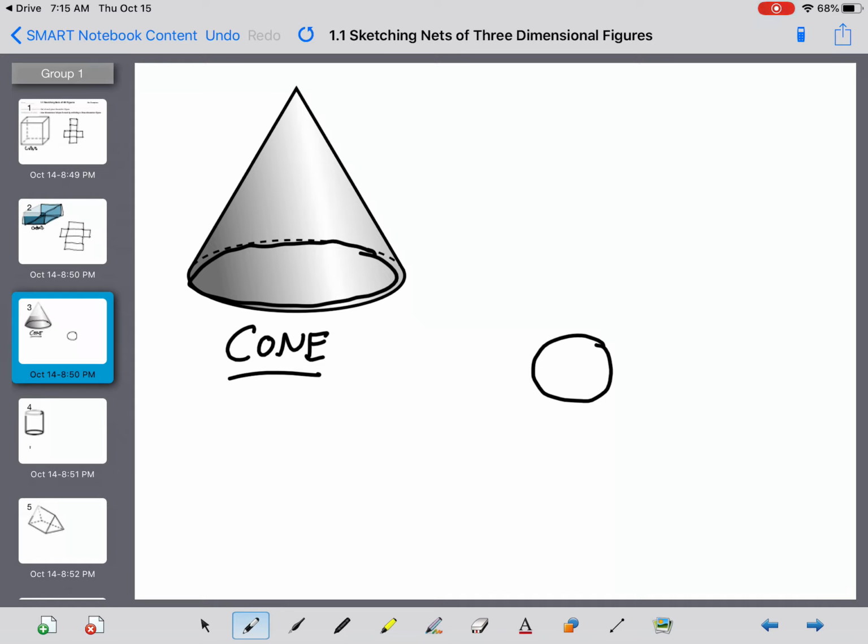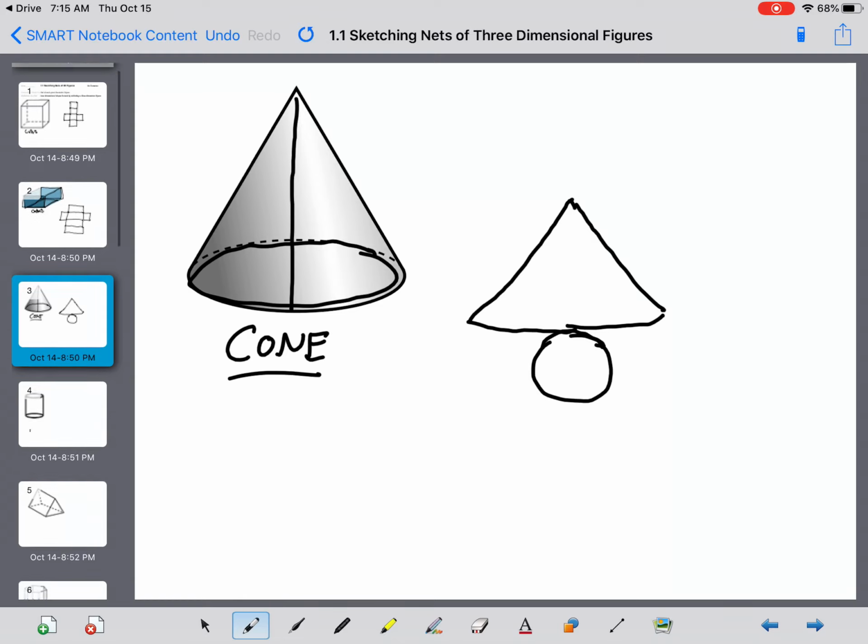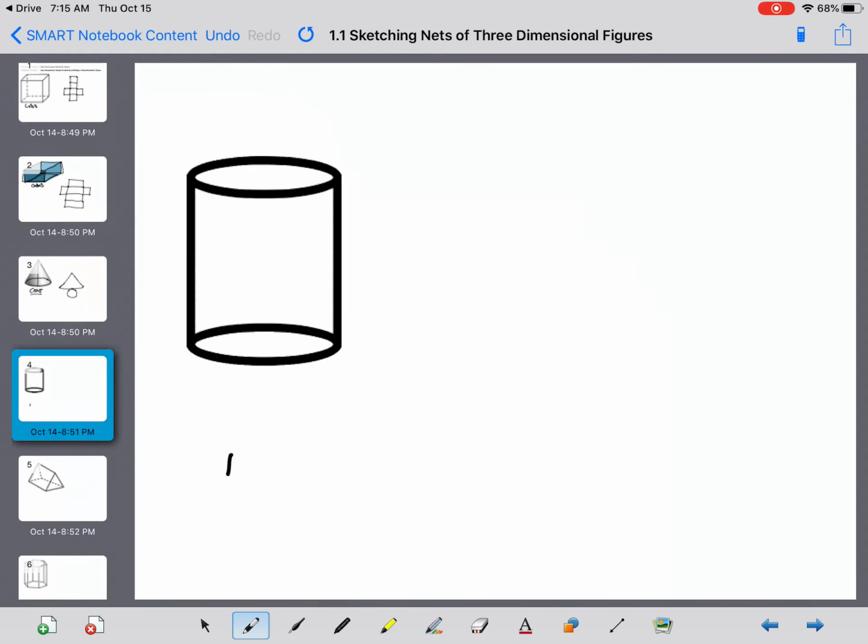Now, if I were to cut this cone, meaning right here, and unfold it, it would start with a point, and it would come around and look just like this. So it literally looks like a person wearing a hat. So remember that. Cone is a circle and essentially a triangle, or a curved triangle above it.